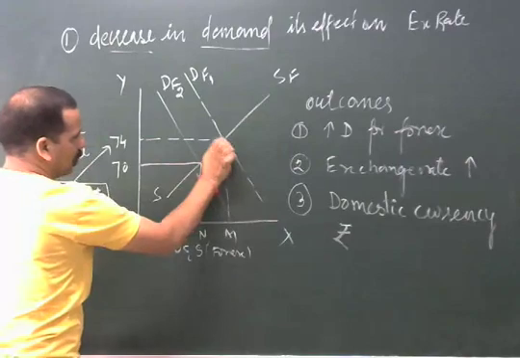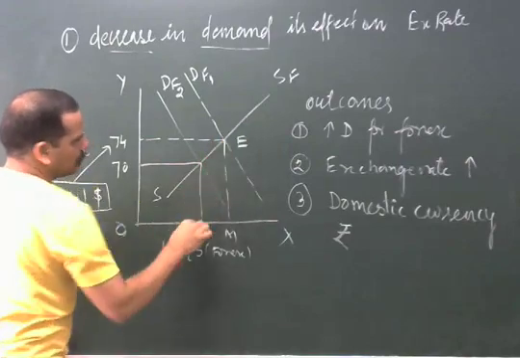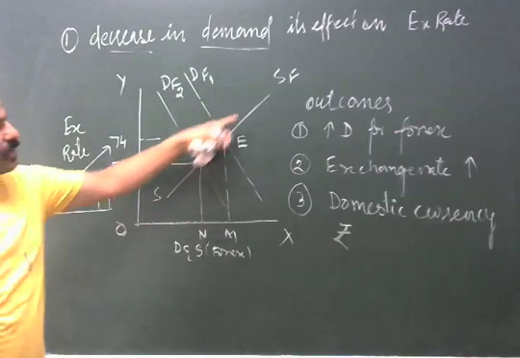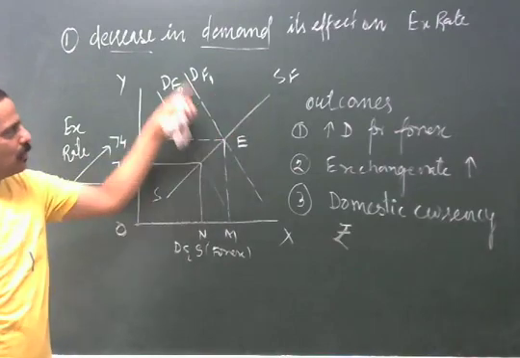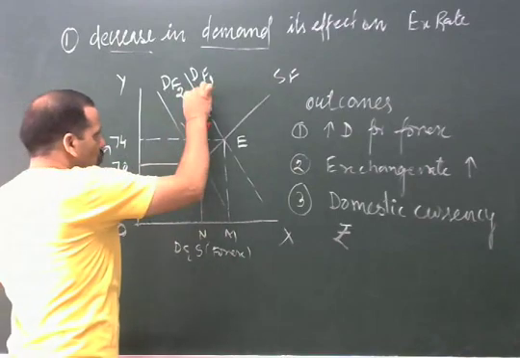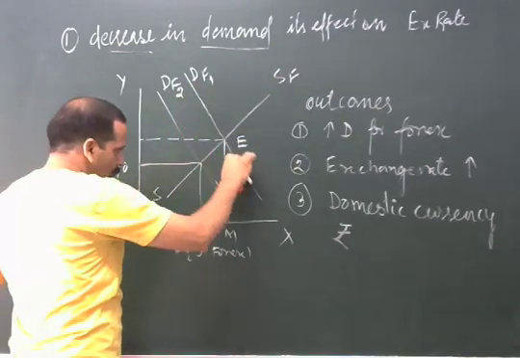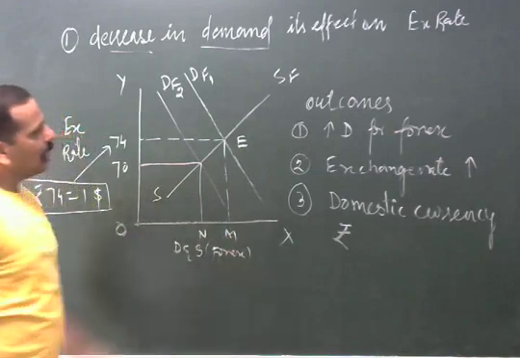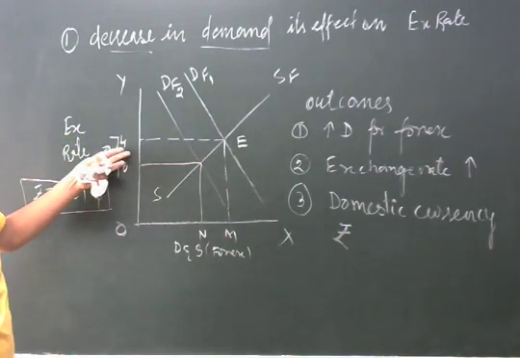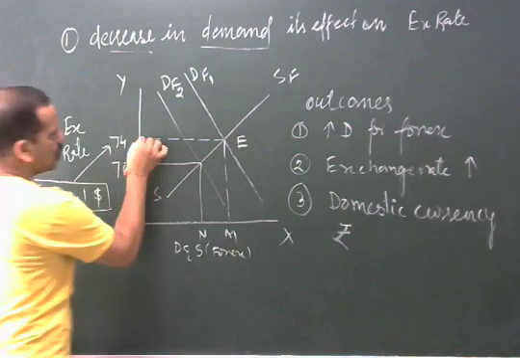This is your E point. The initial point is E. There is the supply for the forex and the demand for the forex, F1. This will be your complete line. At point E, both of them intersect, and the exchange rate is 74.